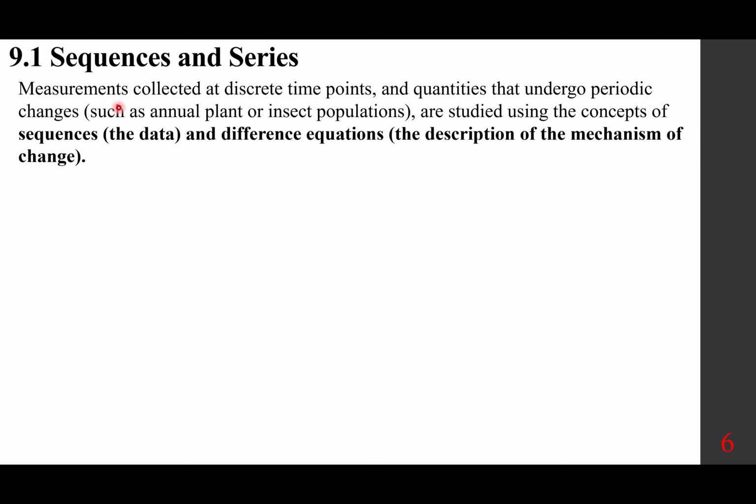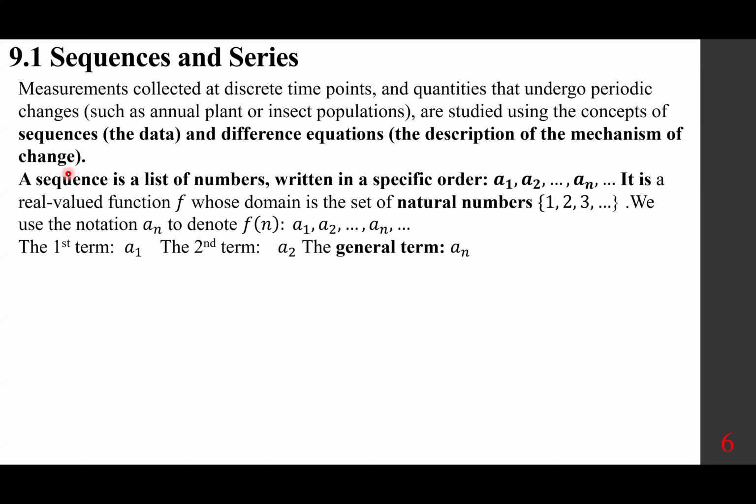Measurements collected at discrete time points and quantities that undergo periodic changes, such as annual plant or insect populations, are studied using the concepts of sequences, data, and difference equations, the description of the mechanism of change. A sequence is a list of numbers written in a specific order, a sub 1, a sub 2, all the way to a sub n, and it continues.